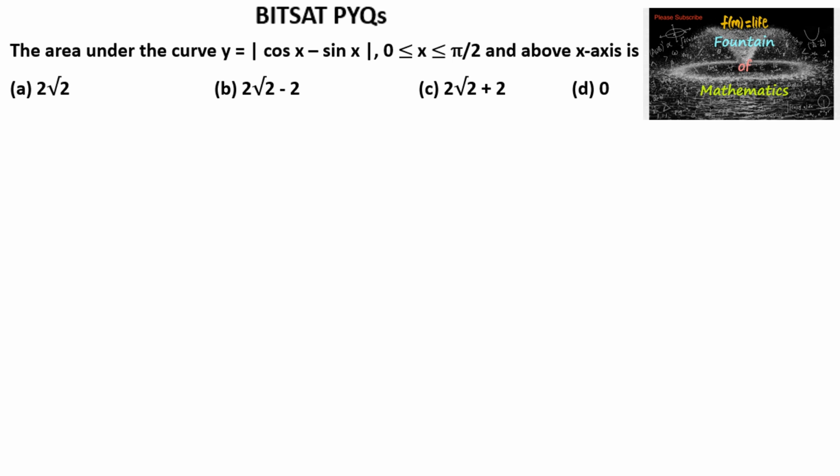We need to find the area under the curve y is equal to mod of cos x minus sin x in the interval 0 to pi by 2. So let us see the graph of cos x and sin x in the interval 0 to pi by 2.